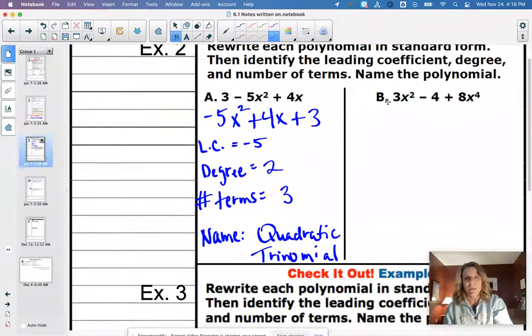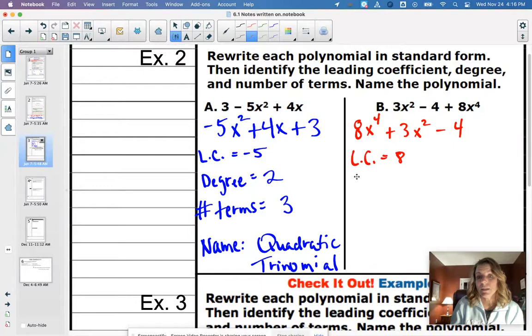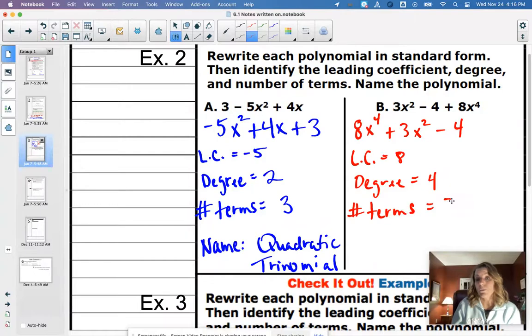All right, part B. I'm going to put it in standard form. Standard form is going to be 8x to the 4th plus 3x squared minus 4. The leading coefficient is an 8. The degree of the polynomial, we look at the first term. The degree is a 4. The number of terms is equal to 3. And then we're going to name it.